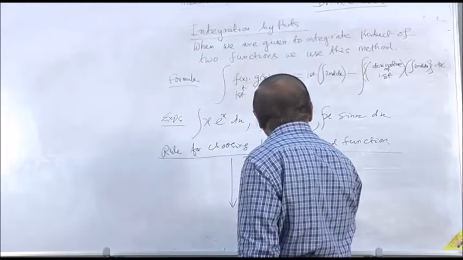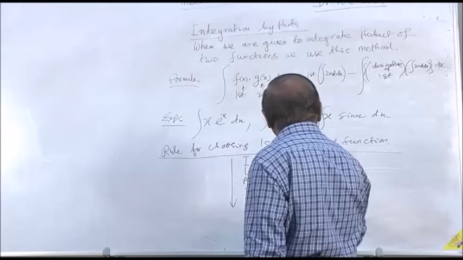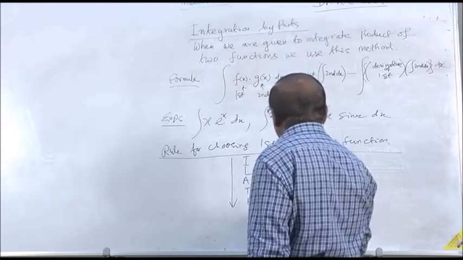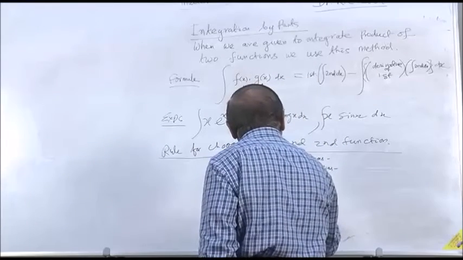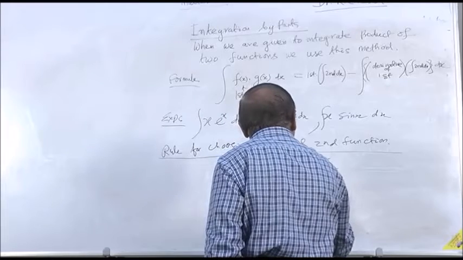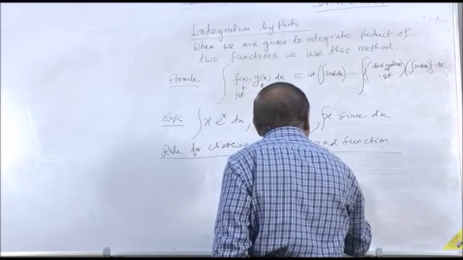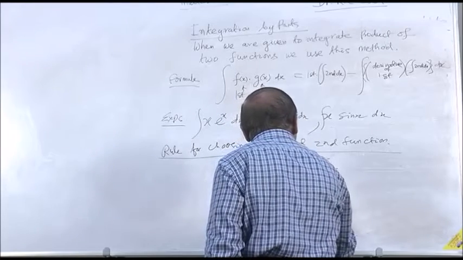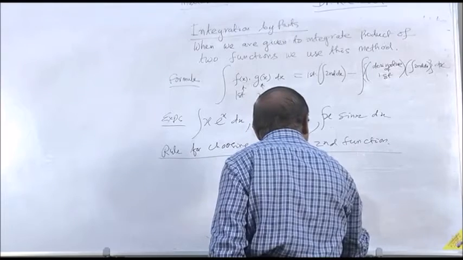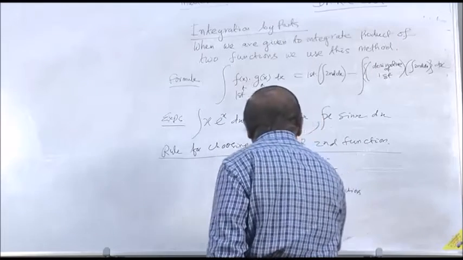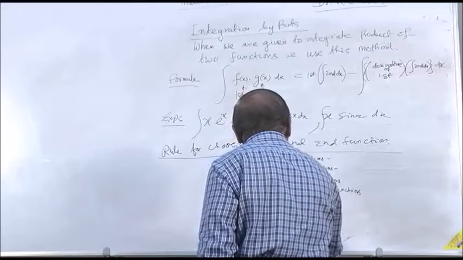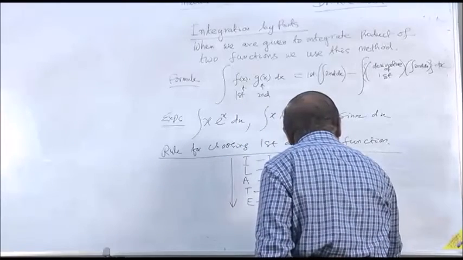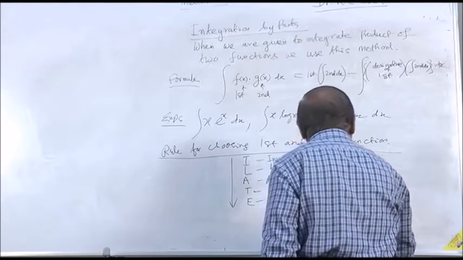L is for logarithm functions. Next is A, algebraic functions. T is trigonometric functions. E is exponential functions. You see, what are those?